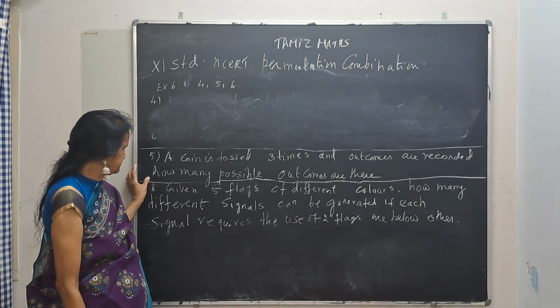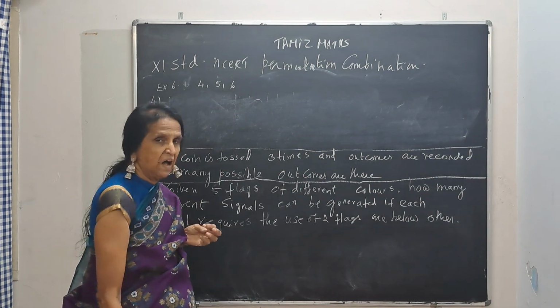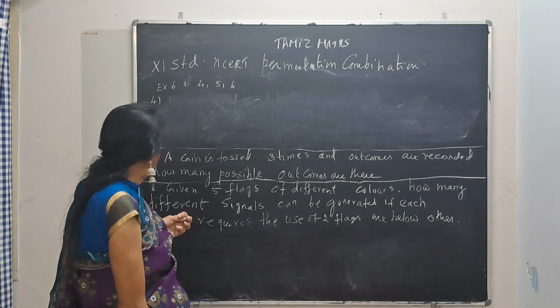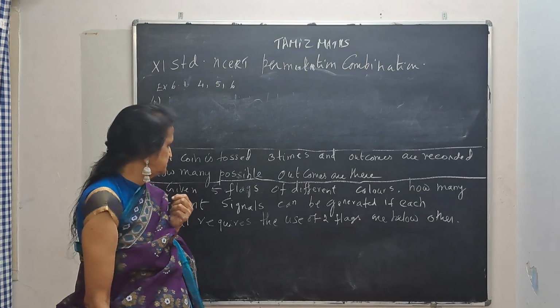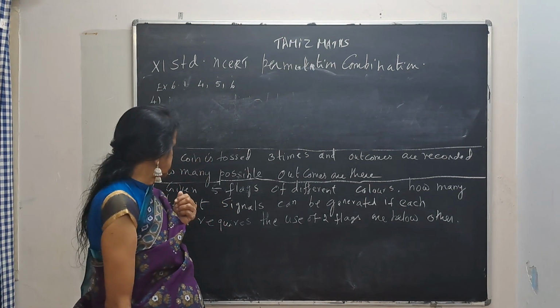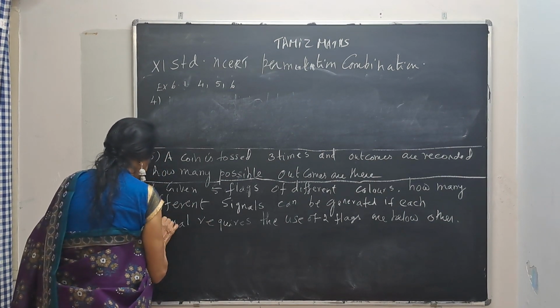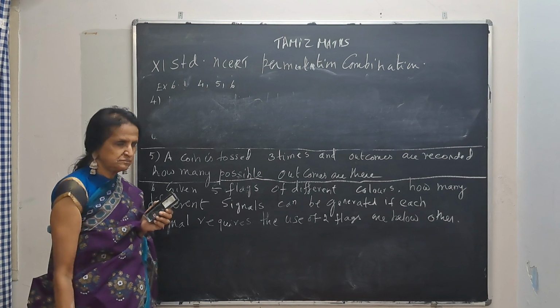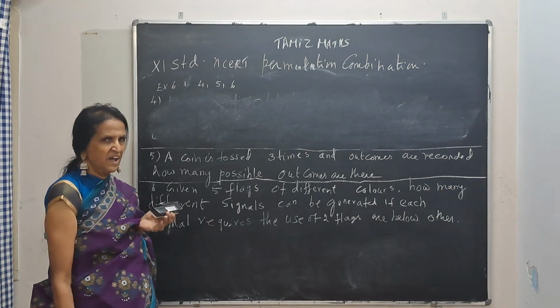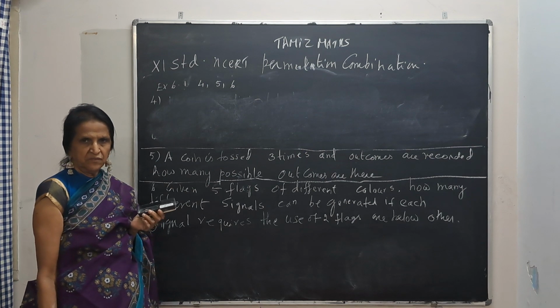Problem 6. Given 5 flags of different colors, how many different signals can be generated if each signal requires the use of 2 flags? Now, there are 5 flags of different colors.